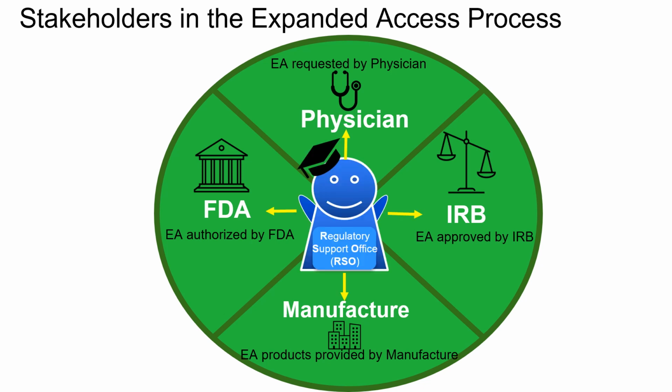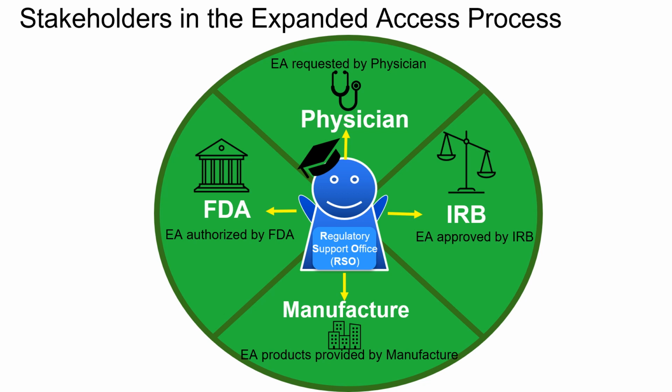Please note, the regulatory support office facilitates each step. We can help in finding the manufacturer contacts, and getting the letter of authorization and letter of concurrence for the device from the manufacturer. We assist the physician in preparation of the FDA expanded access application.